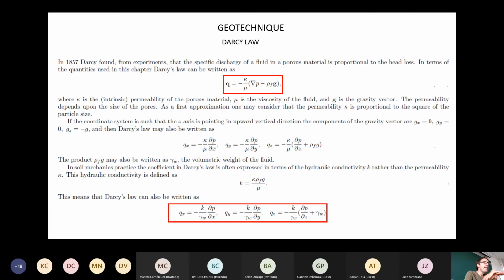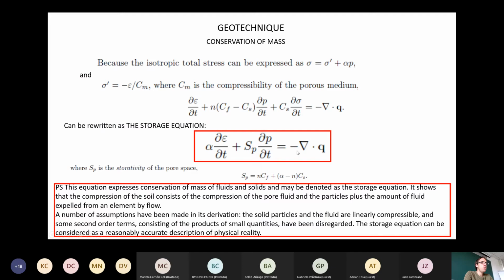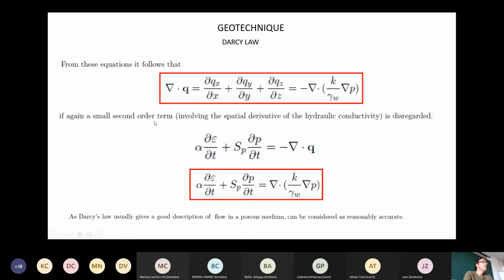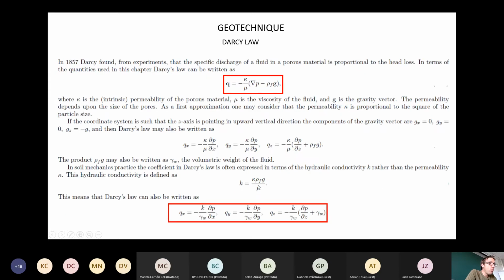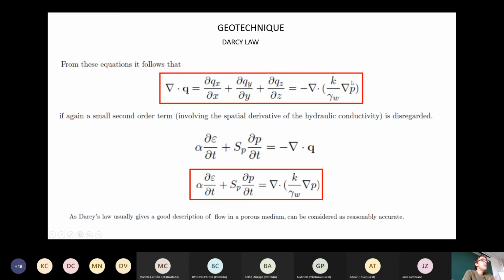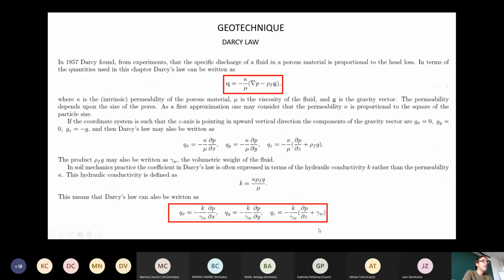So the Darcy law is the law that defines Q. So this Q now has something that has to be worked on. At this point, we know that the divergence of Q is exactly this, that is the gradient of Q, that, as we say now, is rewritten in this way. Then we can rewrite at this point the storage equation, that is this.